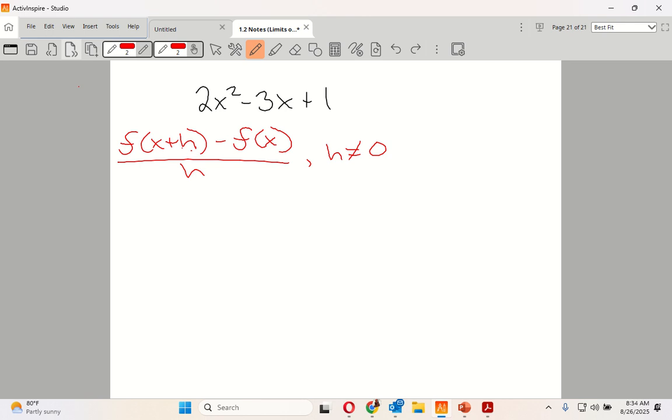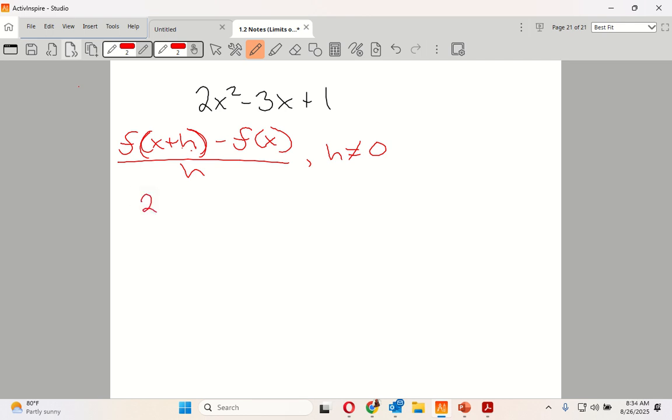And what's going into the x? Just x, right? This part says everywhere there's an x, I'm replacing that with x plus h. So that's what that means right there. So let's try that.